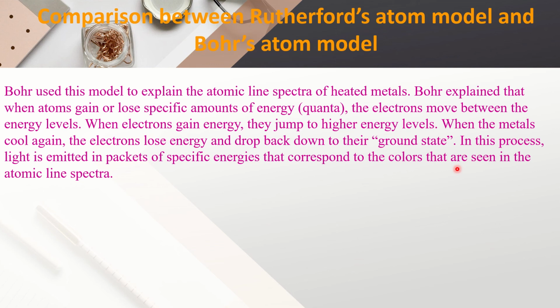When electrons gain energy, they jump to higher energy levels, and when the metals cool again, the electrons lose energy and drop back down to their ground state. In this process, light is emitted in packets of specific energies that correspond to the colors that are seen in the atomic line spectra.